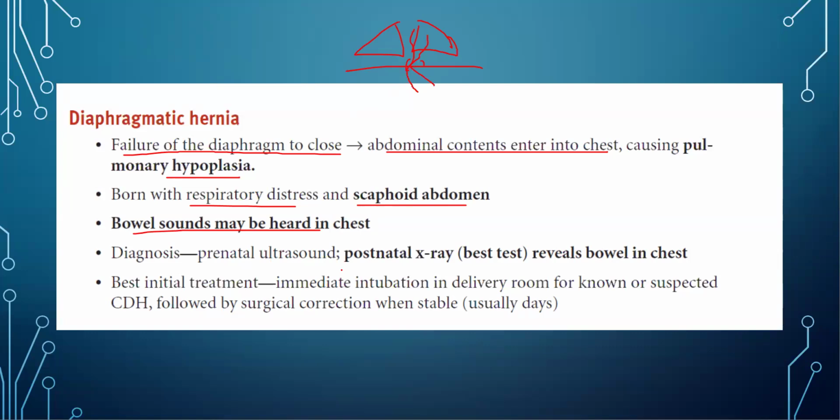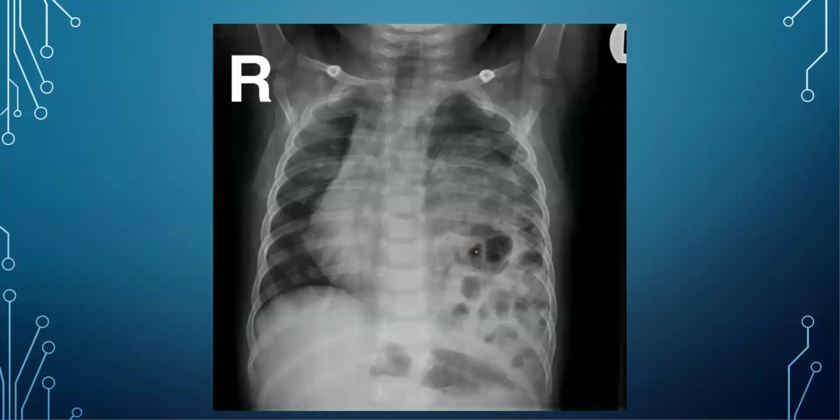At that time, you can do an X-ray, and if you do the X-ray chest, you will be able to see loops of bowel on the chest. So you can see over here, it affects the left side. All of these are bowel loops, which is what we call diaphragmatic hernia.